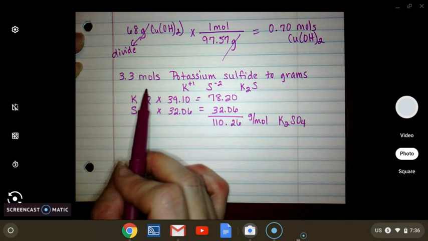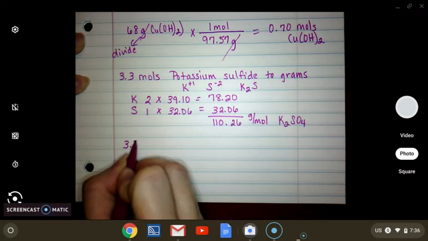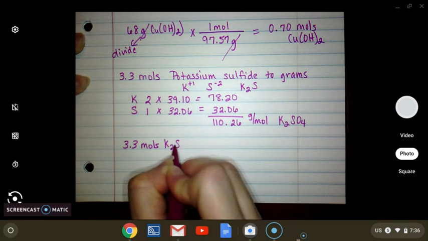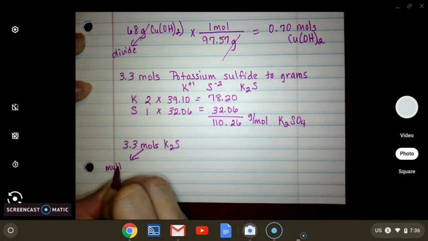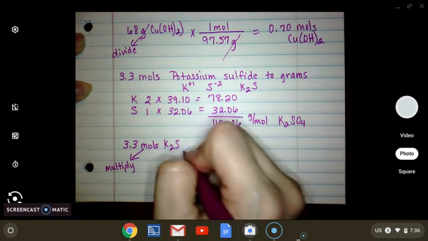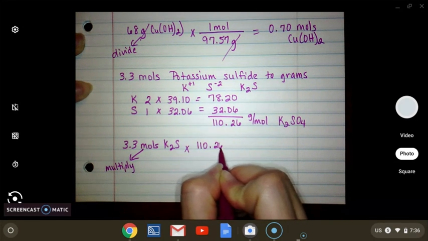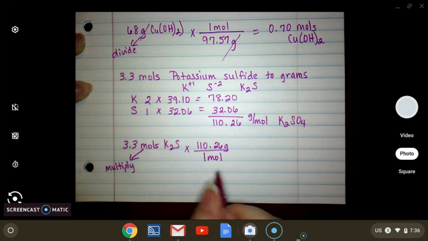All right, so in this one, I'm given moles. So I put my given, 3.3 moles K2S. And since I'm given moles, I multiply. Remember, they both start with the letter M. 110.26 grams goes on top over 1 mole. It will always be 1 mole.